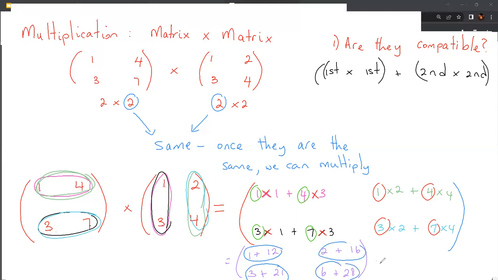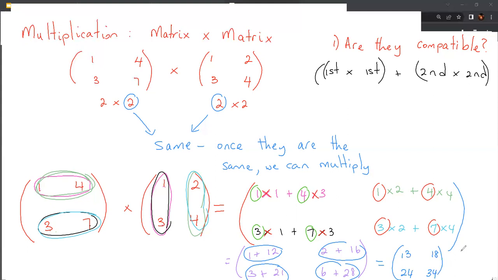It remains a 2 by 2 matrix. So we'll end up with 1 plus 12, that's 13. 16 plus 2, that's 18. 21 plus 3, that's 24. And 28 plus 6, 28, 29, 30, 31, 32, 33, 34. And that's our answer.